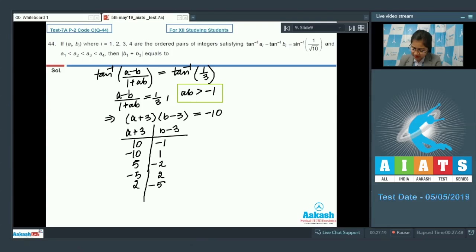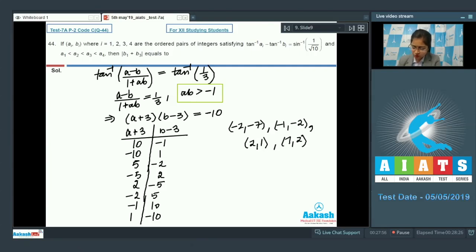So these are the possible values of A and B. From these values, we have to find those values for which AB is greater than minus 1. So those values are (minus 2, minus 7), (minus 1, minus 2), (2, 1) and (7, 2).